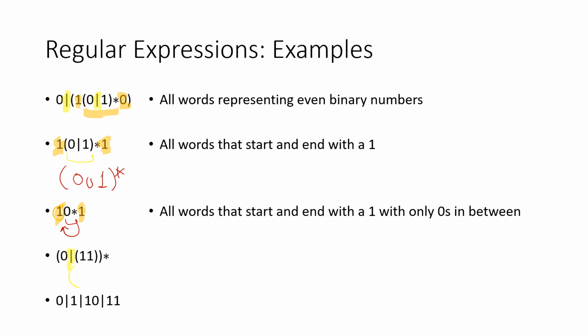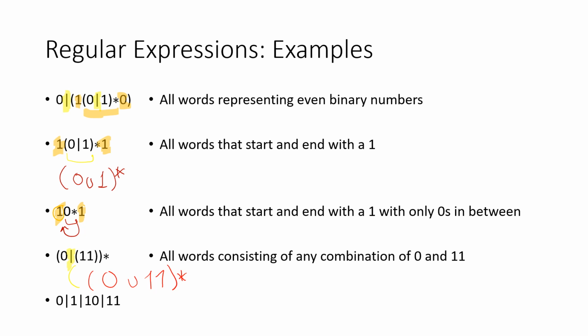Another way to write this would be (0 union 11) star. And so basically, this means that I can have either 0 or 11 repeated as many times as I want. So these are all words consisting of any combination of 0 and 11. Another way to write this, if it helps you to make sense of it, you could say {0, 11}. Here's my set taken to the star.